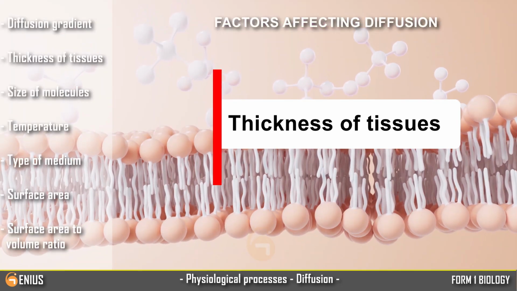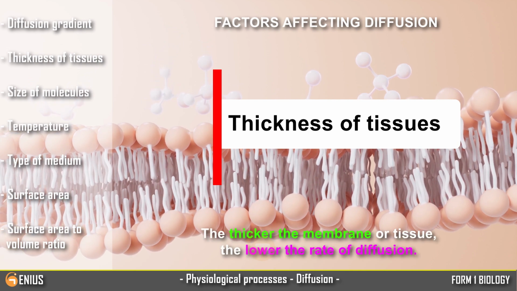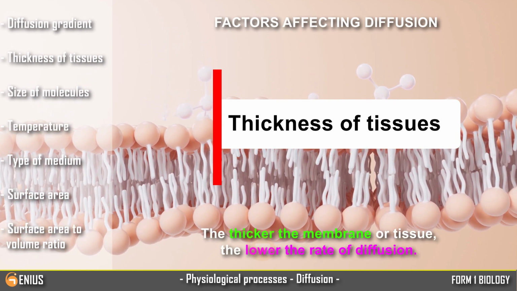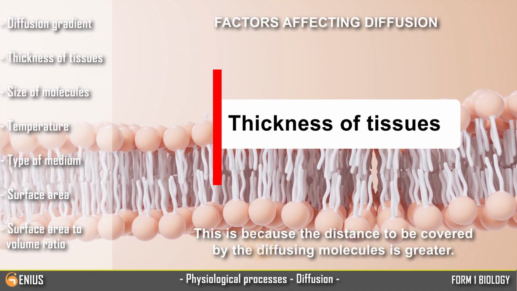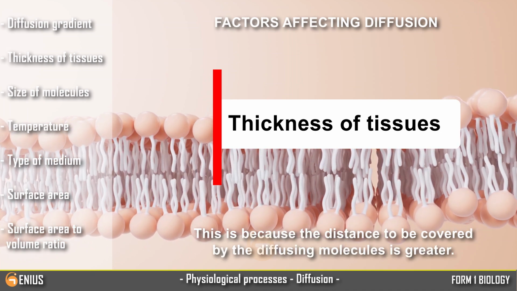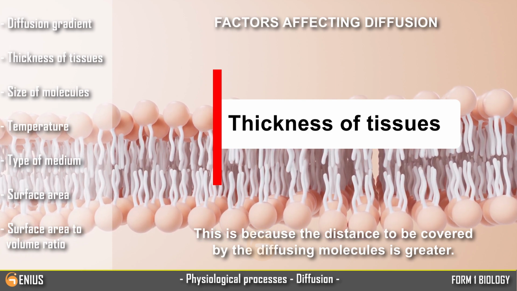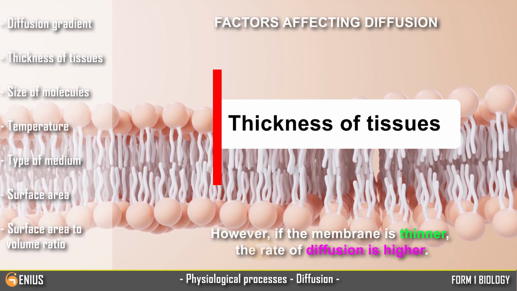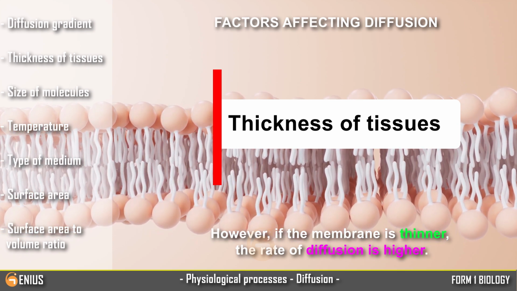Thickness of tissues. The thicker the membrane or tissue, the lower the rate of diffusion. This is because the distance to be covered by the diffusing molecules is greater. However, if the membrane is thinner, the rate of diffusion is higher.